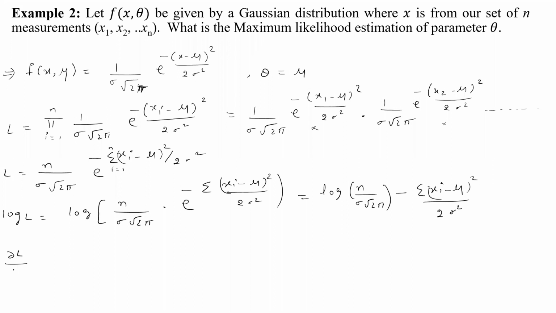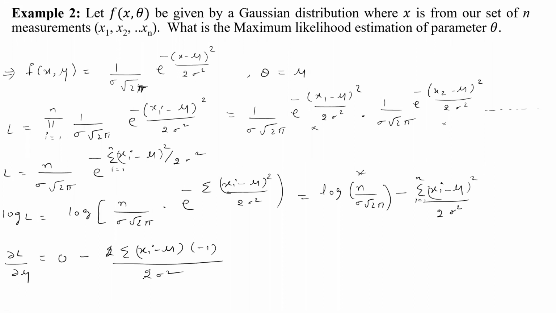Just differentiate this with respect to the parameter you are finding. So I will differentiate with respect to mu. So there is no mu term here. So this will be 0 minus, you have mu term here, but you have summation also given from 1 to n. So this will become 2 times summation of xi minus mu, 2 minus 1 is 1, into the coefficient of mu is minus 1 whole divided by 2 sigma square.